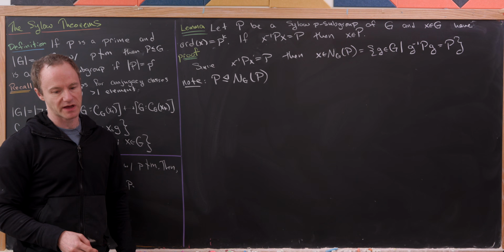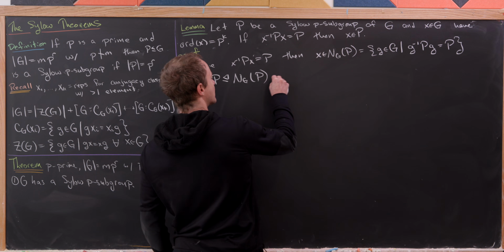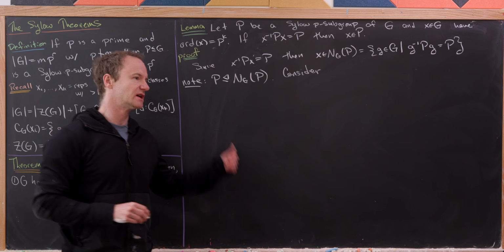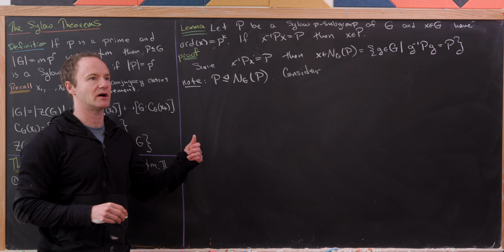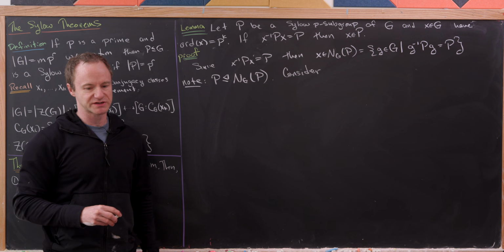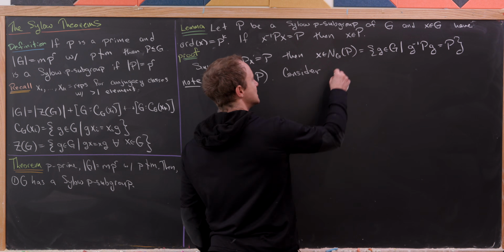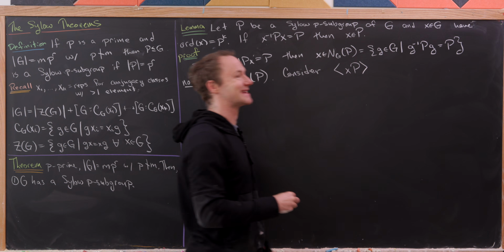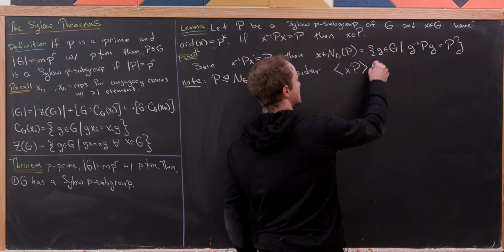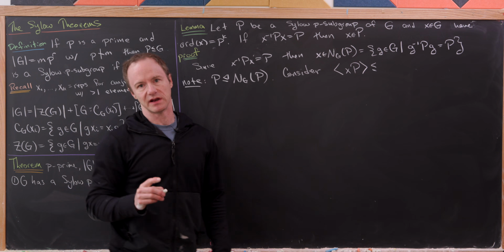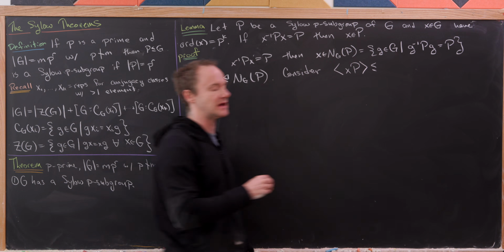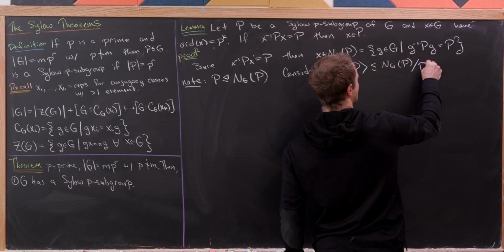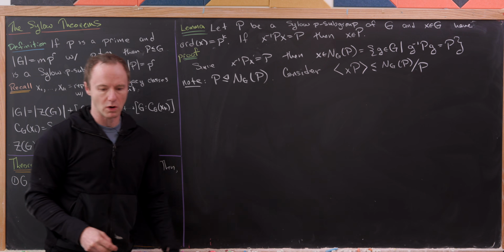Now we want to consider a certain subgroup of the quotient, because anytime you start talking about a normal subgroup, you probably want to start talking about the quotient group. So let's consider the cyclic subgroup generated by the coset XP. This is a subgroup of N_G(P) mod P, that quotient.